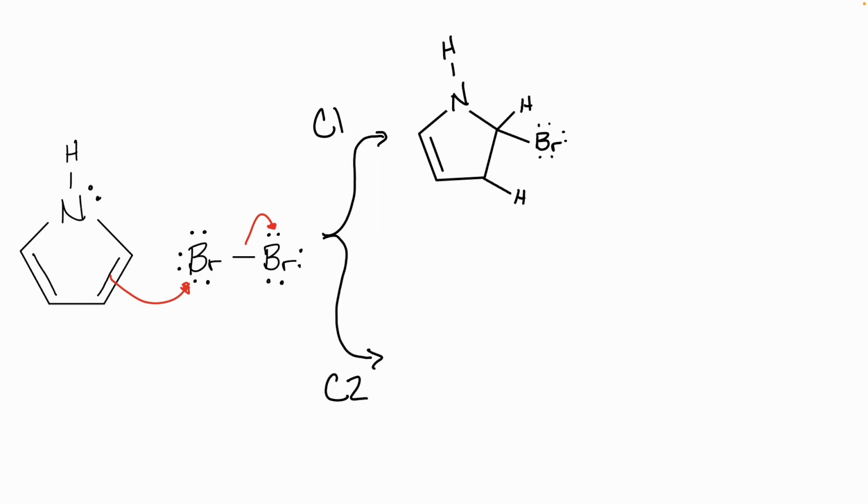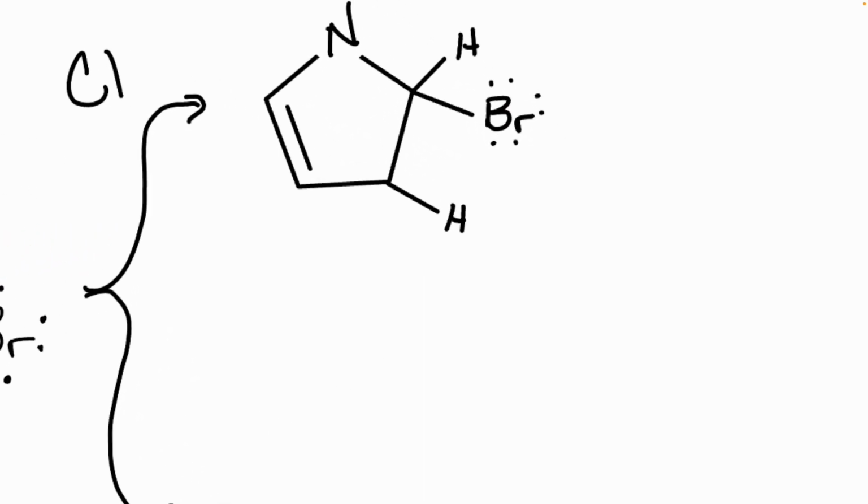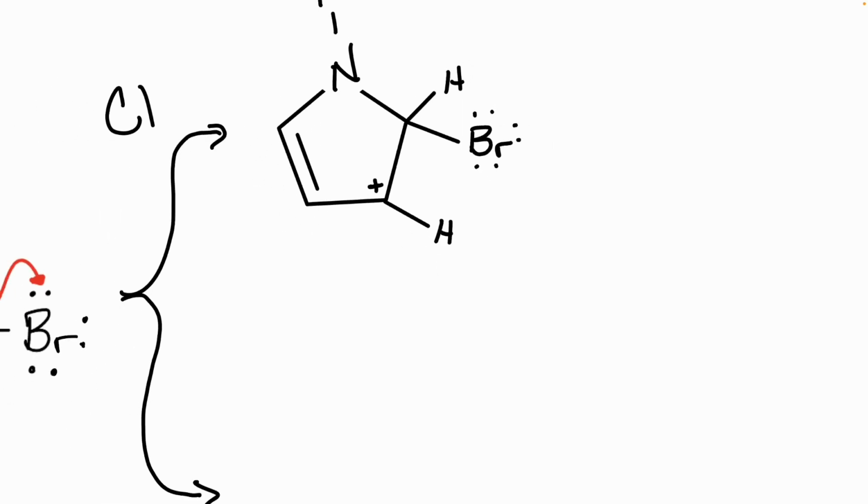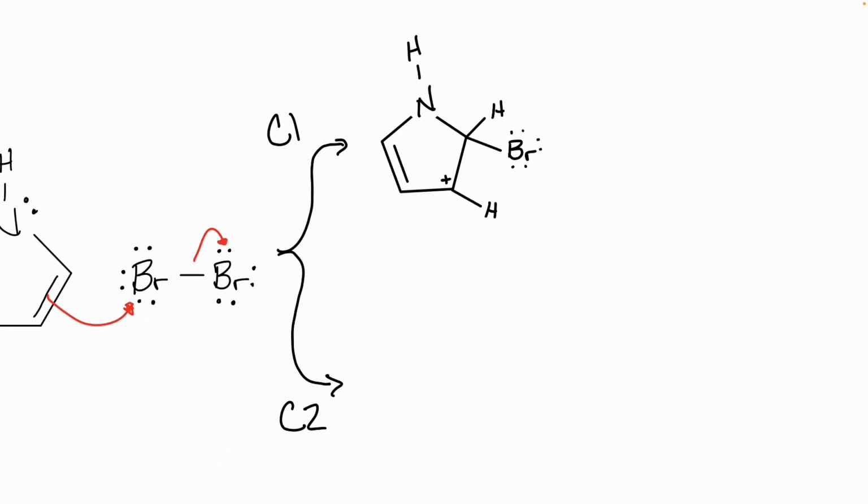It got that pi bonding pair of electrons taken away from it. It's going to be a carbocation. All right, likewise, if instead I were to take that halogen and put it on carbon 2, that means carbon 1 has to be my carbocation.